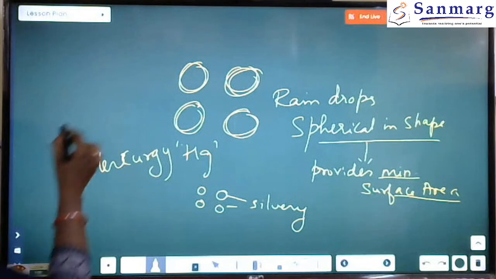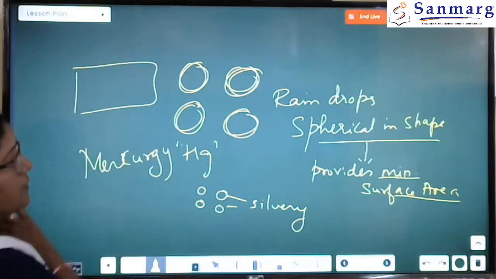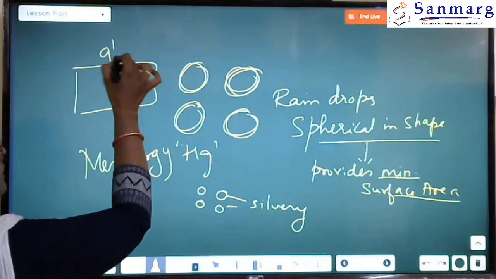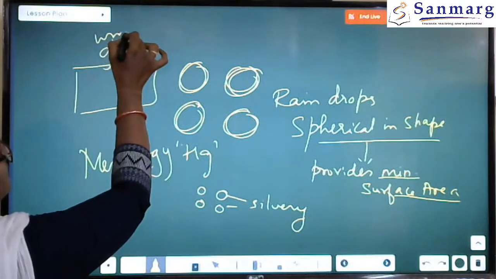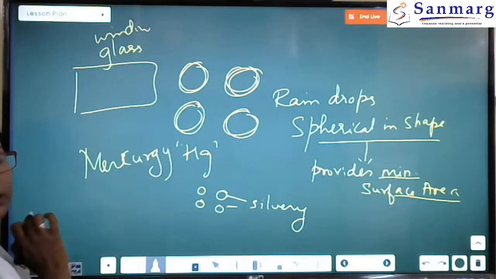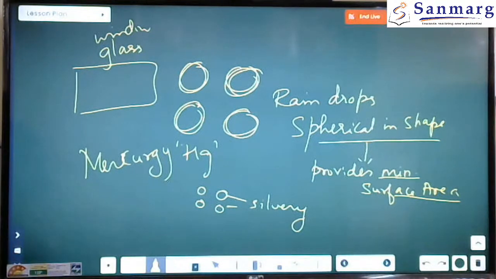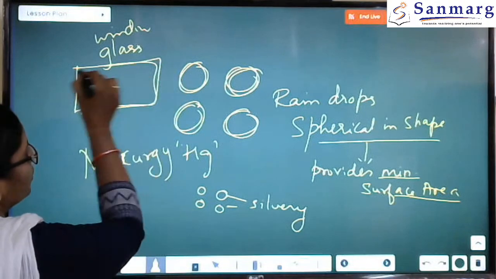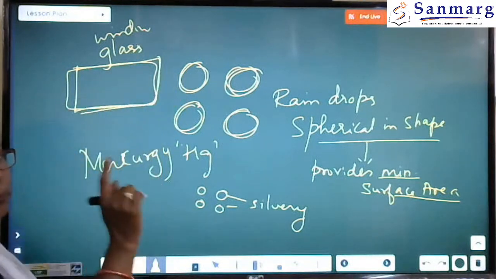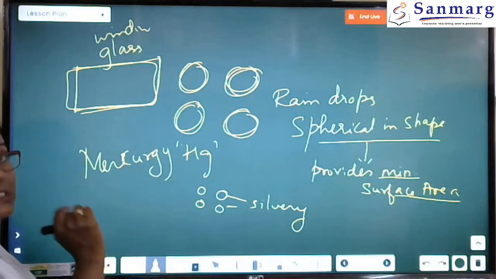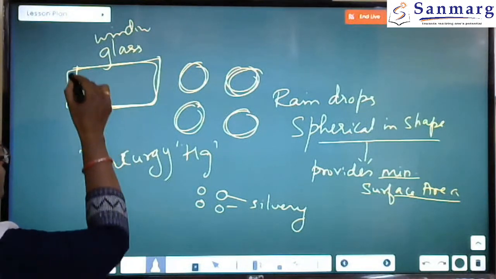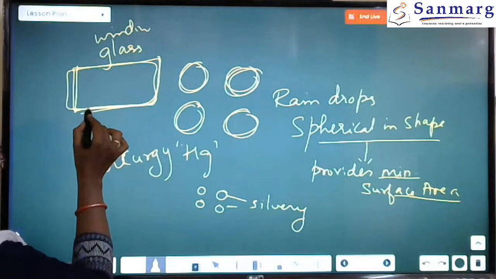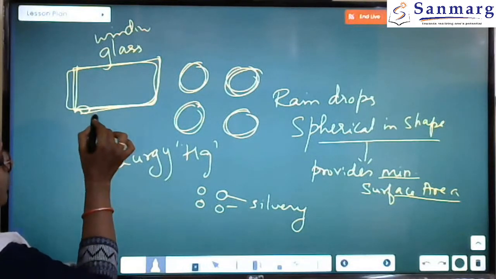Now there are glass window panels. Window glass is heated. We always say glass is a super cooled liquid. Glass is a slow super cooled liquid. If you see the edge of the glass, you can see a spherical shape, bulges.